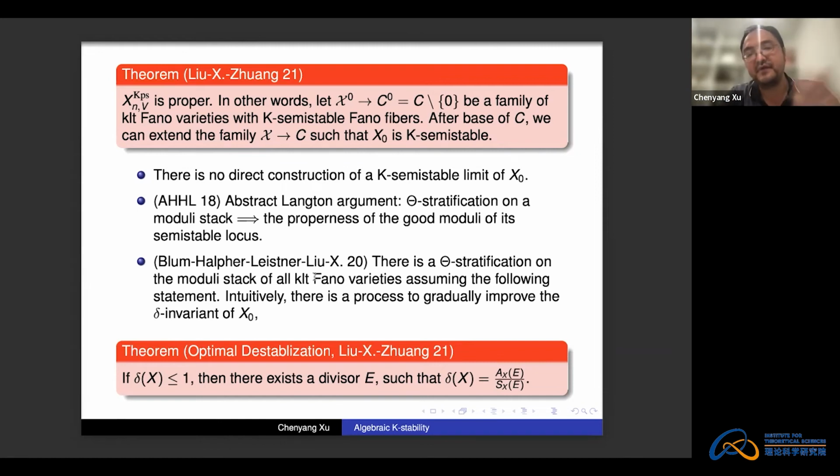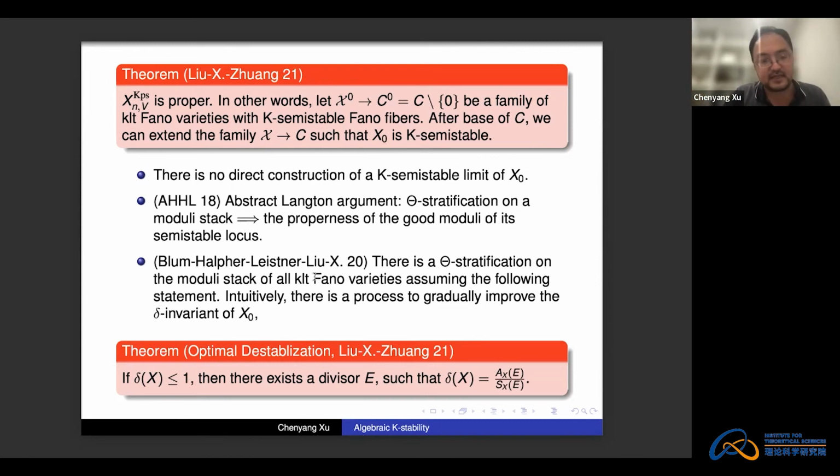If it's stable or semistable, then he is done. If it's not, he has some operation to increase the stability of this bundle. And then he showed there are only finitely many steps. So each time, if you are not semistable, you increase your stability a little bit, and then after finitely many steps, you terminate with a semistable bundle.